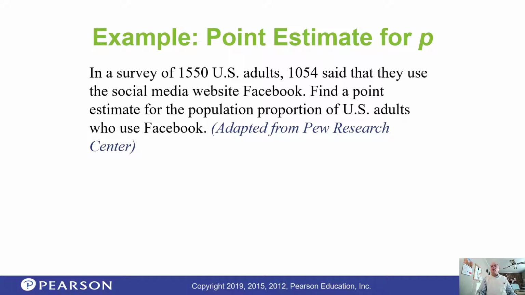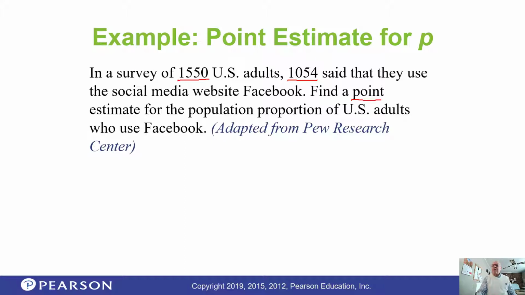So let's start off with an example because this section is pretty easy really once you get the first part down. So we're surveying 1,550 adults. 1,054 said, yes, we use Facebook. Find a point estimate.